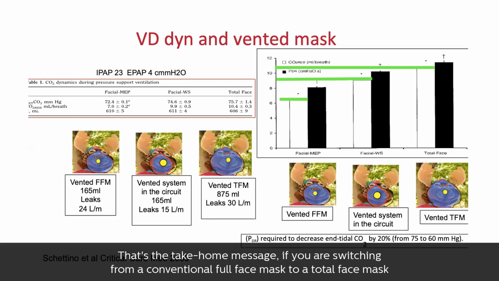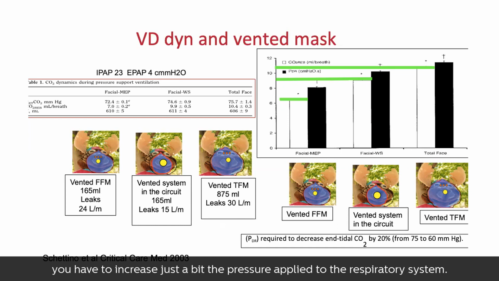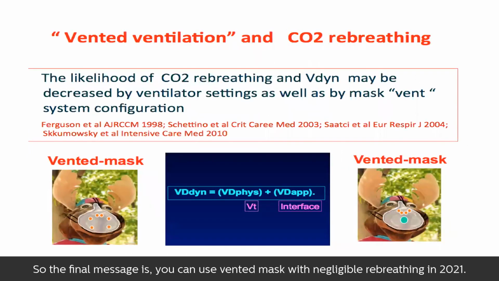The take-home message is when you are switching from a conventional full face mask to a total face mask, you have to increase the pressure of 2 or 3 centimeters of water. Not only I can tell you and show you why in a few slides, also because to obtain the same performance with more leaks, you have to increase just a bit the pressure applied to the respiratory system. So the final message is you can use a vented mask with negligible rebreathing in 2021.